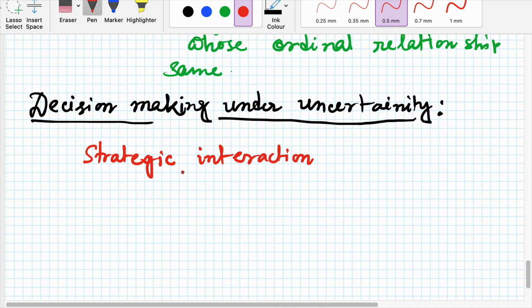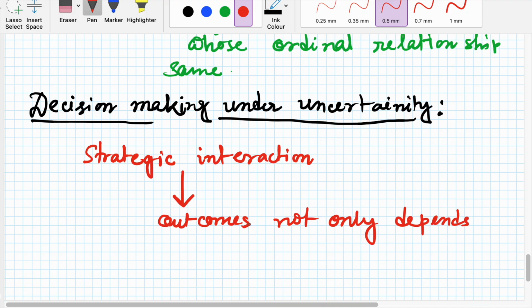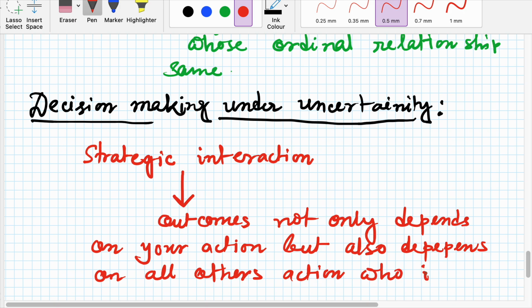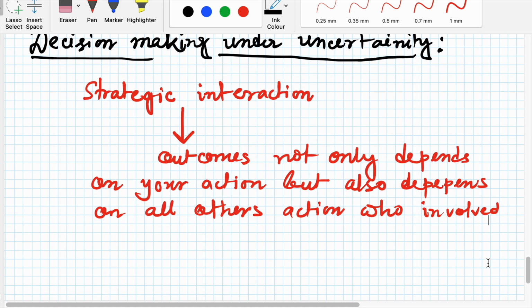And what does strategic interaction mean? A strategic situation is when the outcome depends not only on your action, but also on all the others' actions who are involved in that task.